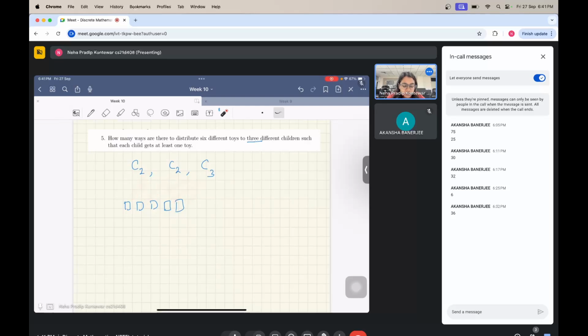Now the trivial way of doing that, if I don't give you any constraints, then what is the total number of ways of doing that? So you just have 6 toys, and there are 3 children, and you want to distribute them, then how many ways can you do that?